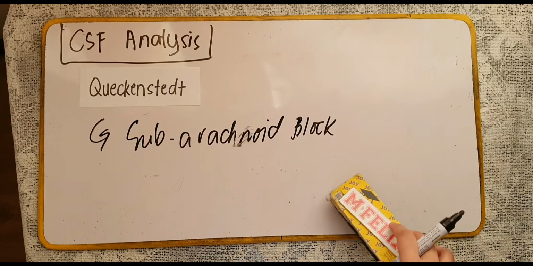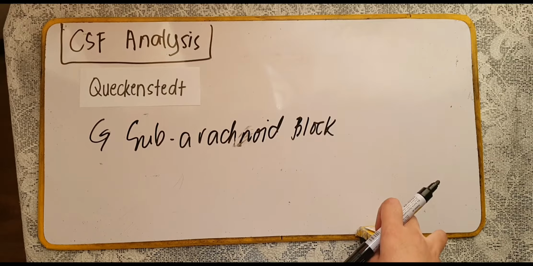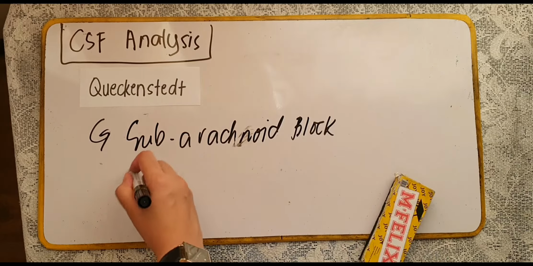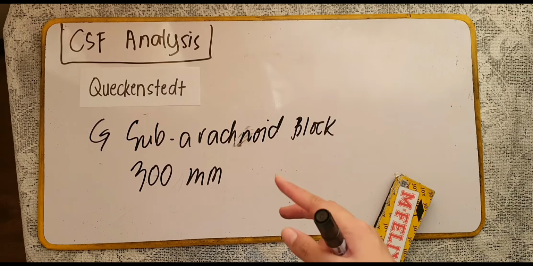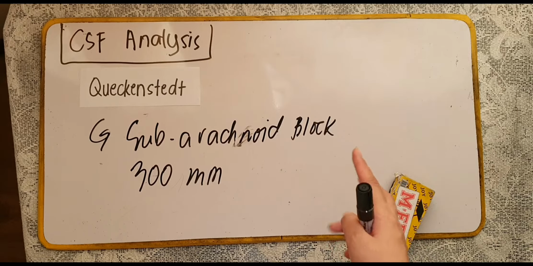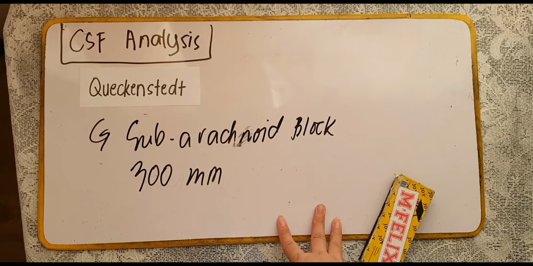Now, yung procedure na yan, class, ang principle niyan, normally daw, if both jugular veins are manually compressed, the CSF pressure will rise rapidly to over 300 millimeters. Okay? And then, normally din, class, it should rapidly return to normal when compression ceases. Okay, so that is now the principle of your Queckenstedt test. Indication to it is used for confirming subarachnoid block.